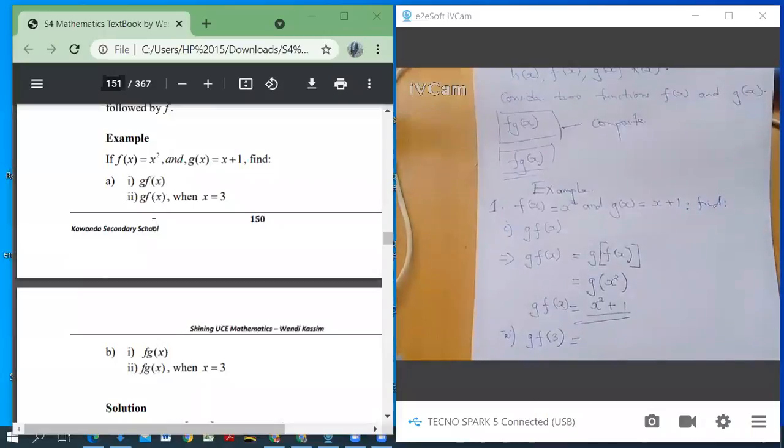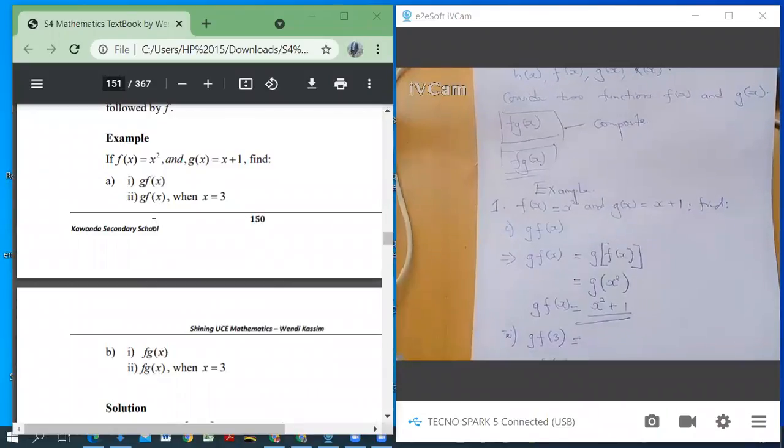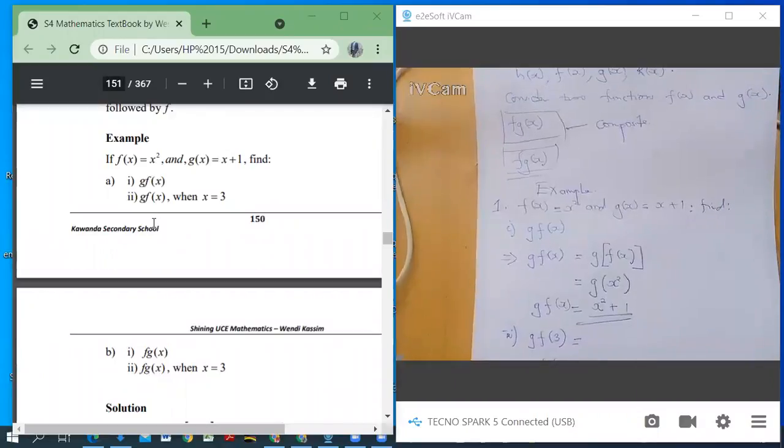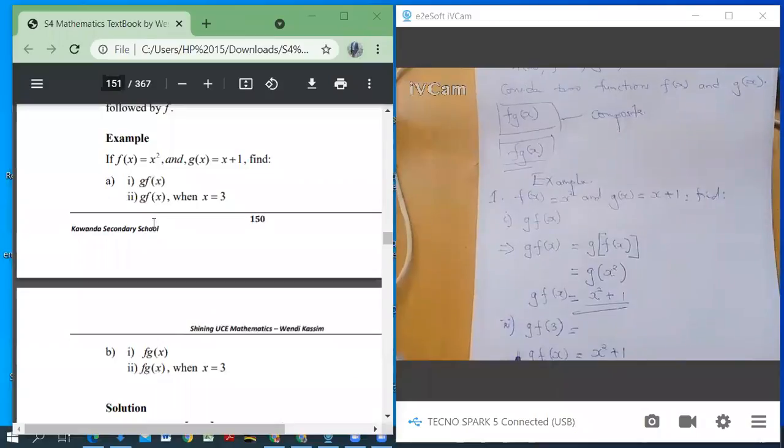Remember, you have first to get the function, and we have already got the function. The function g f of x is x squared plus 1. Now they want us to find g f of 3, which means x is 3, so where there is x, we replace it with 3.